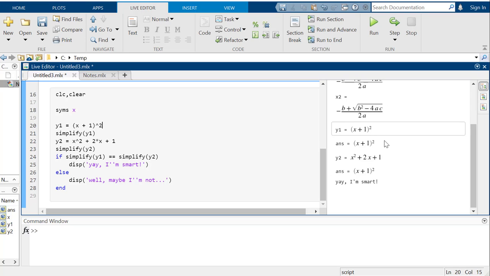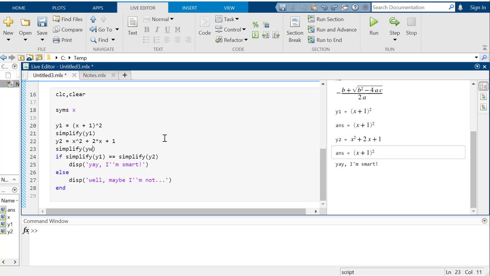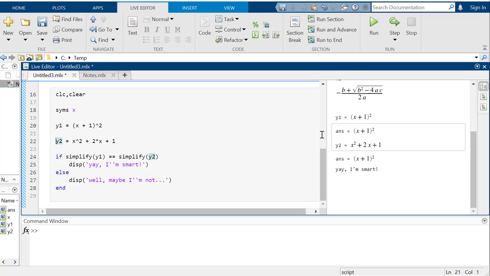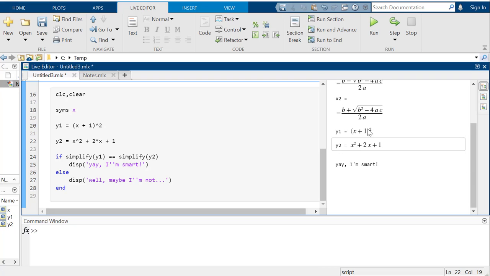So this y1, the way I had it, is the simplified version that MATLAB likes to see it in, and it's going to automatically take stuff and factor it. And so simplify is a nice little thing that you can use, though you wouldn't explicitly use it for equality. It's just mostly that I wanted to show you that MATLAB has the ability to do that.